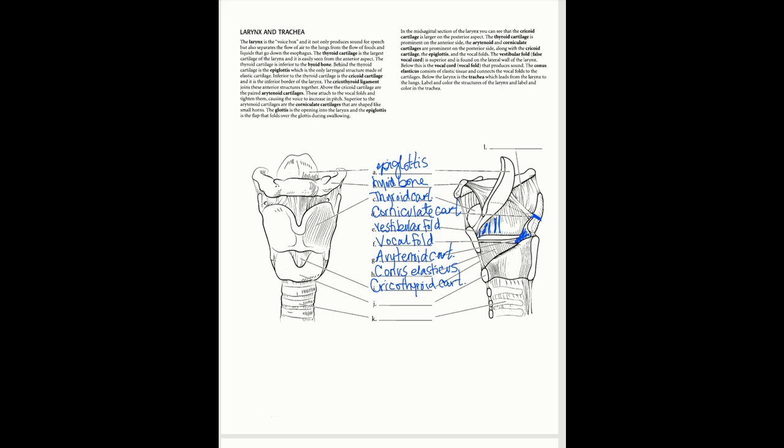And so J is just showing our cricoid cartilage. And then once we hit the cricoid, we've kind of hit the end of the larynx, where we are then going to move into the trachea.